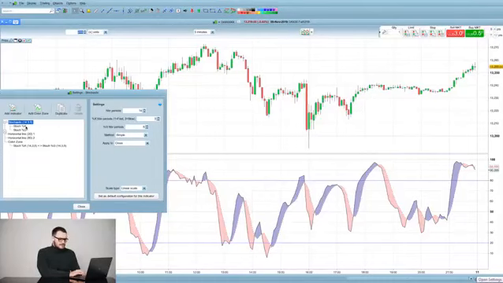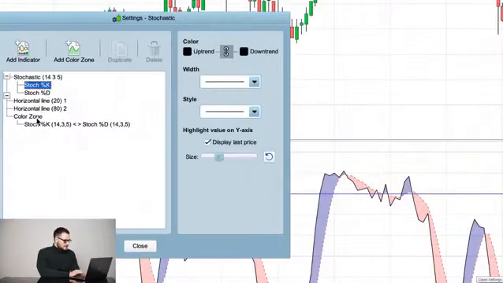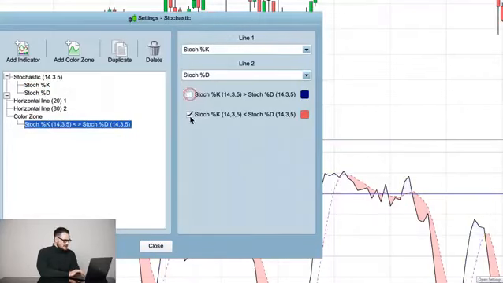I do use quite a different look for the stochastic, which I'll show you later on. But for the time being, I like to remove these color zones from stochastic. I just like to see the line so that I'm not distracted by any color zones in the middle.